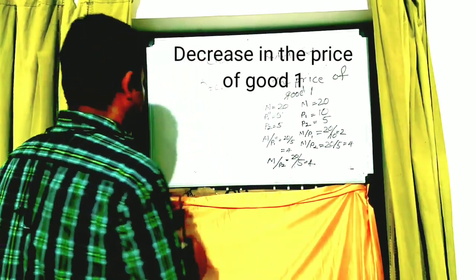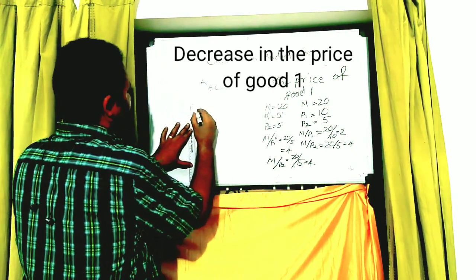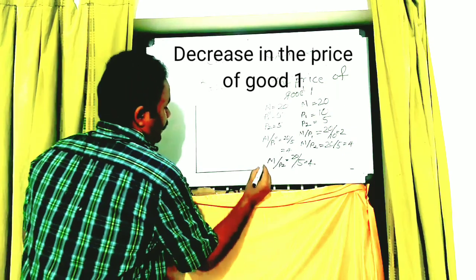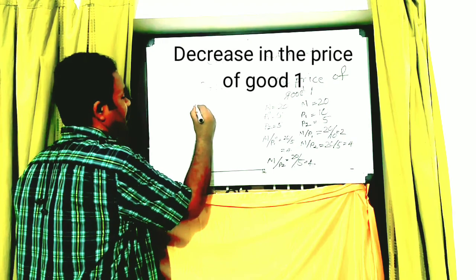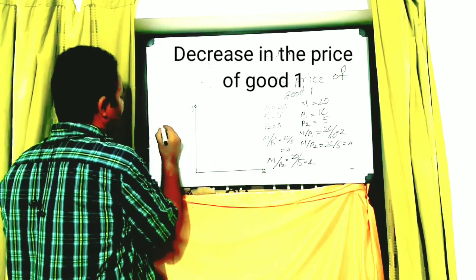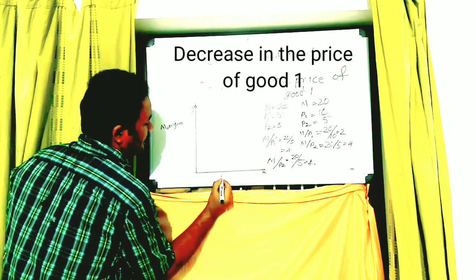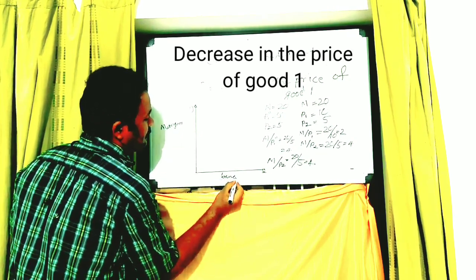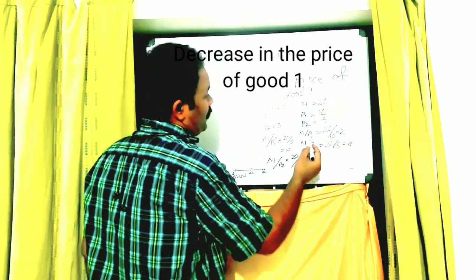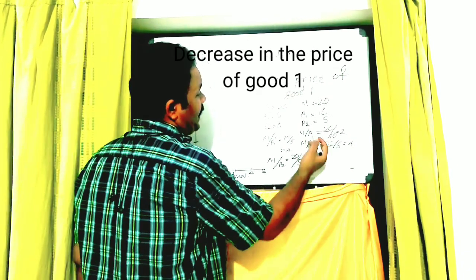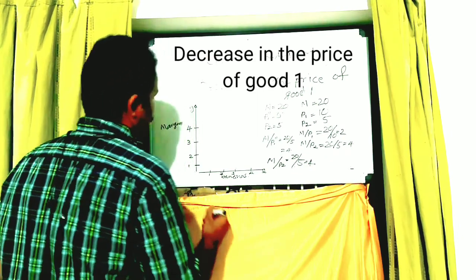This we can represent by drawing a diagram. On the x-axis we are representing good 1 or bananas, on the y-axis we are representing good 2 or mangoes. Here mangoes, here bananas. Then we can mark here the horizontal intercept, M by P1, 20 by 10, that is 2.